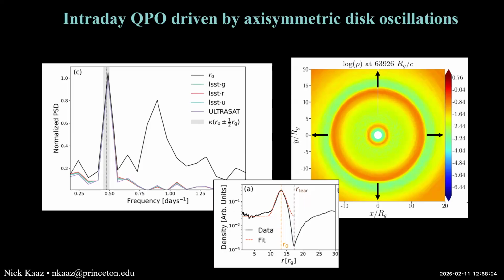The fact that it's really coincident with this radial epicyclic frequency is really good evidence that this is indeed the mechanism that's happening here. I'll also mention that this is a paper about changing look AGN, but this exact thing should happen in X-ray binaries, and this would correspond in those systems to high frequency QPOs. So if this is something anybody's interested in, it's something to think about.